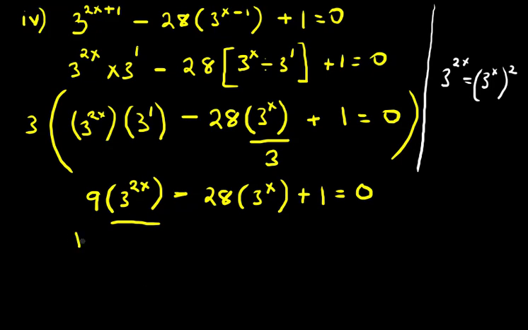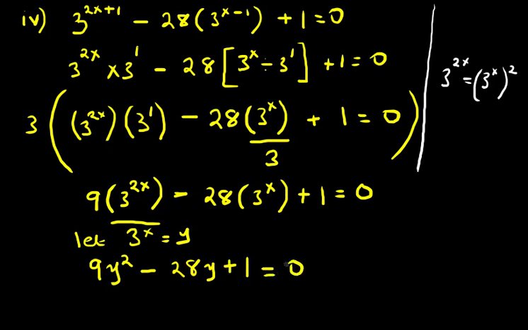So we can say let 3 power x be equal to y. So this then becomes 9y squared minus 28y plus 1 is equal to 0.